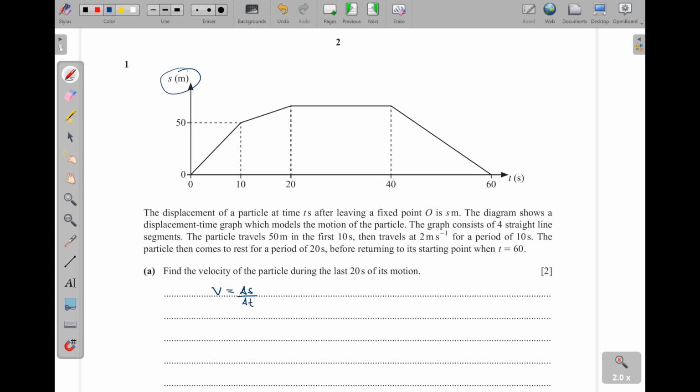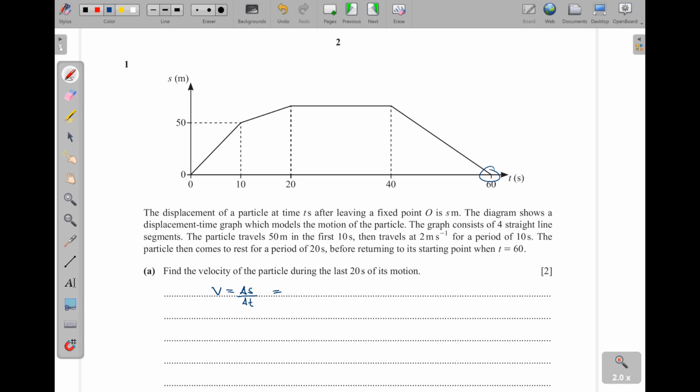Since this is a displacement time graph, the change in displacement is the vertical and the change in time is the horizontal, so speed or velocity is going to be the gradient of that line segment. Now, we shall have the final, because the last 20 seconds are here.